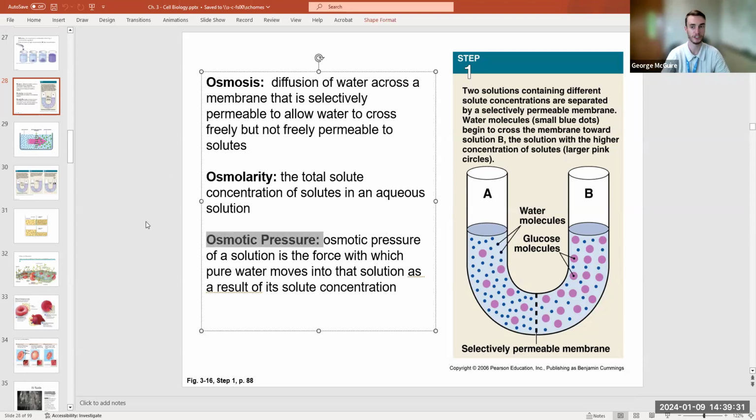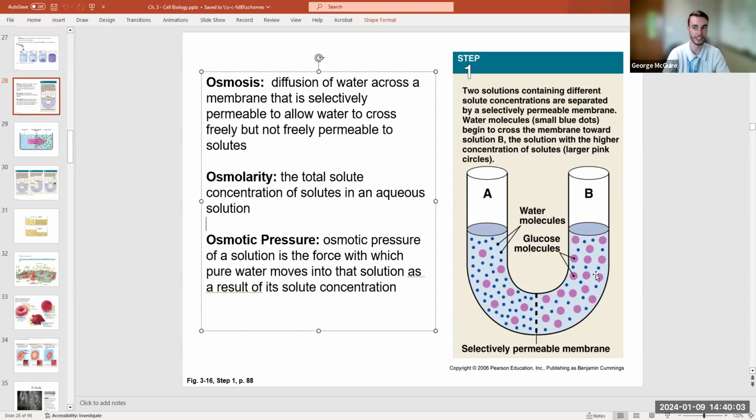And then osmotic pressure, very similar to the pressure from a concentration gradient. The osmotic pressure of a solution is the force with which that water moves into a solution because of the solute concentration. So in this example we have set up here, osmotic pressure is going to force the water towards side B. So it's going to force water to travel through osmosis to side B because of the osmolarity.